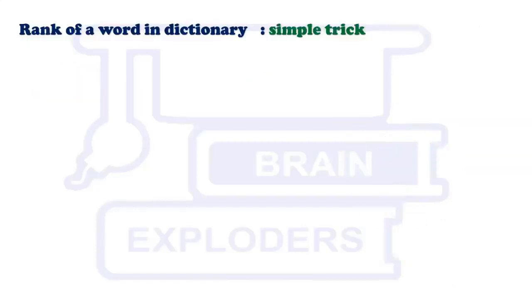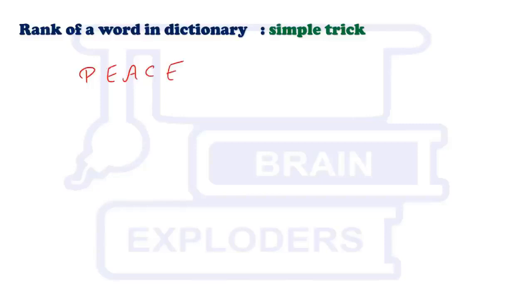Now let us see a simple trick also. Let us take a word in which the letters are repeated also. So suppose we take P-E-A-C-E, peace. We have to find the rank of peace.